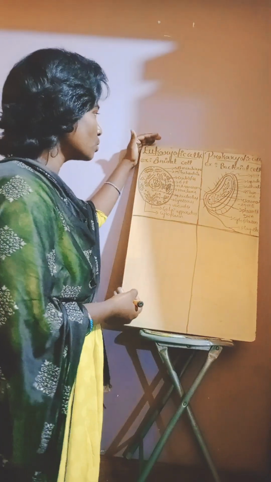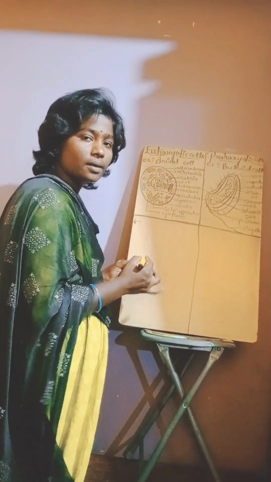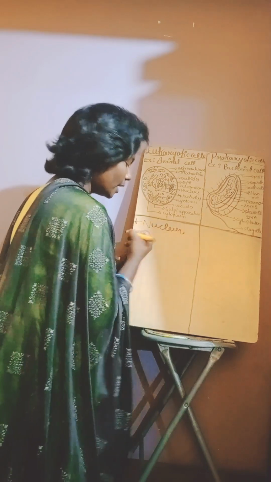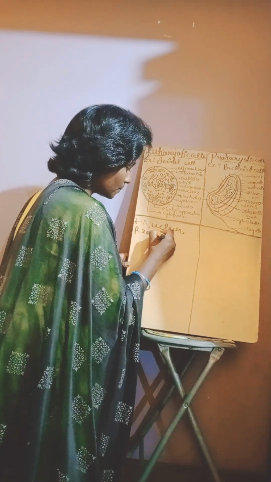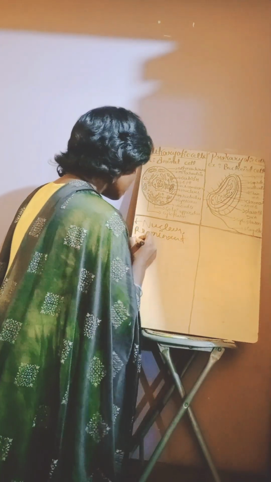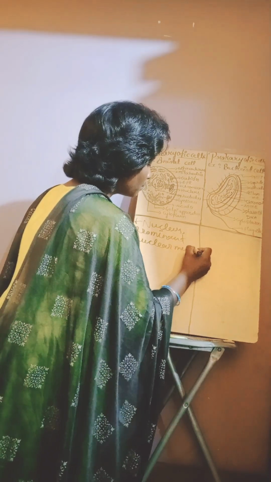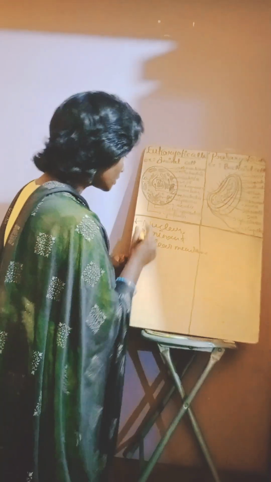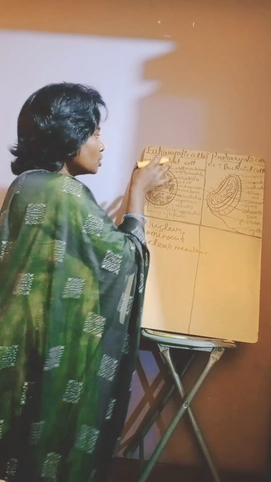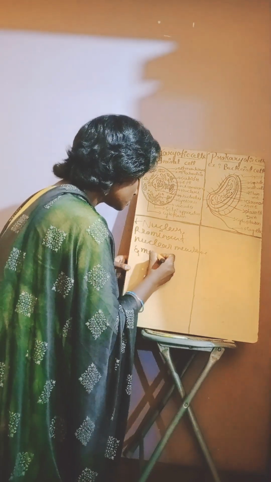Okay. So as I told, eukaryotic cells are the type of cells that have the nucleus and a prominent nuclear membrane, and also membrane bound cell organelles are present in the eukaryotic cells.